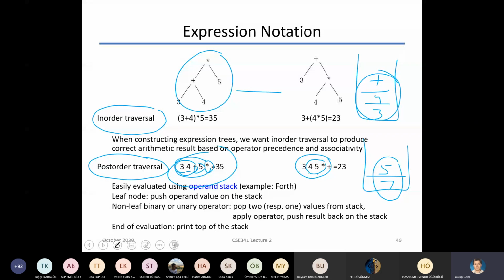Why do I care? I know I have algorithms that can parse a tree easily, and algorithms that can do a stack as well. But you can imagine that for complex stuff, the post-order traversal with the operand stack can be implemented very easily with a few lines of code, and it could be very fast. Whereas for the parse tree, or expression tree in this case, the implementation will be a little bit more complicated, maybe more time consuming.